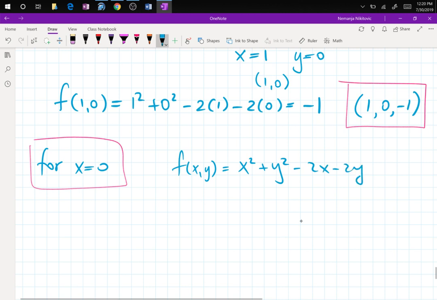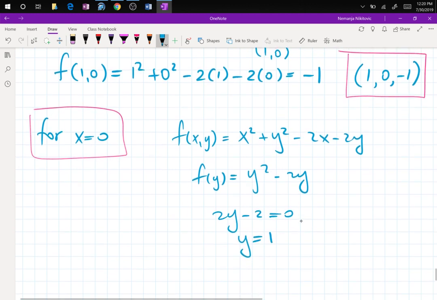When x is equal to 0, that kills all the x's. So now I just have f of y, and f of y is y squared minus 2y. When I differentiate, I get 2y minus 2 equal to 0. Y equals 1, x equals 0. So something is happening at 0, 1.